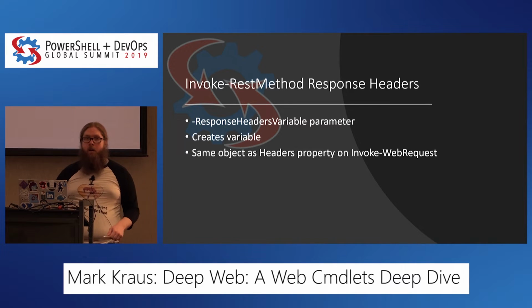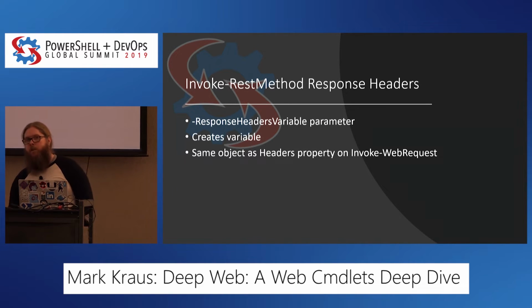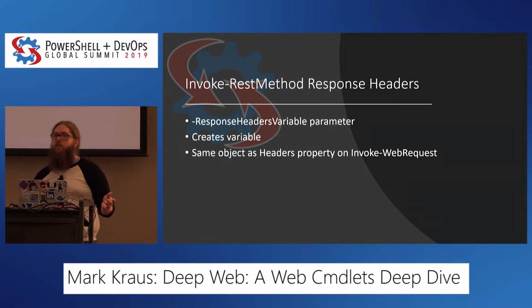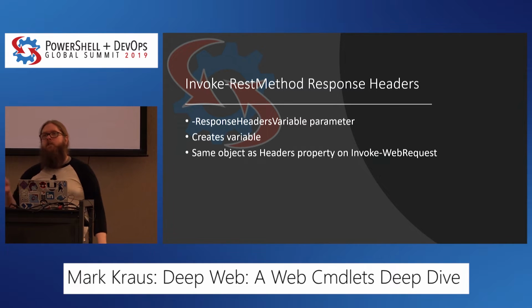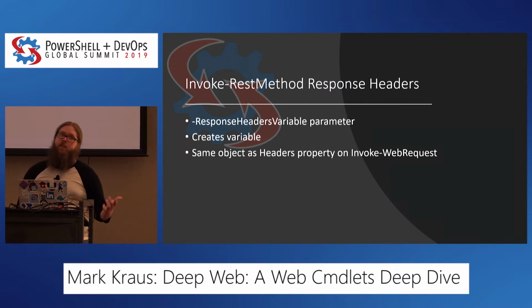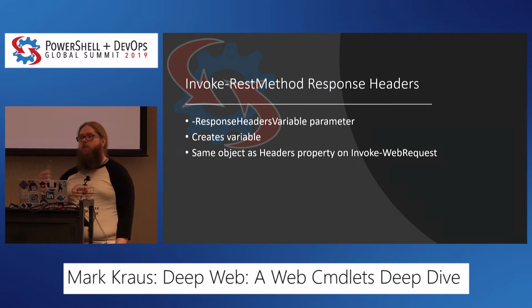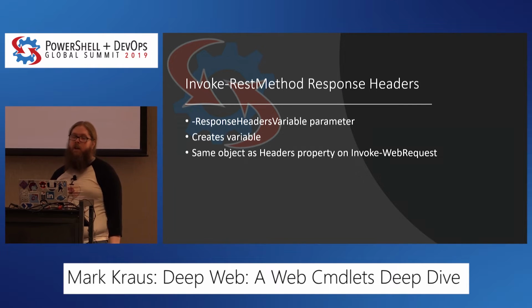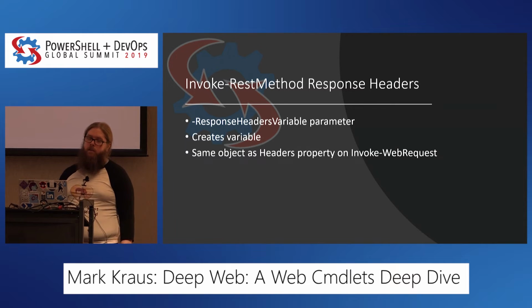Have I exceeded my API call limits? Lots of headers are really important that you need to get. But Invoke REST method in 5.1 did not support the ability to get those. So what you'd have to do is go back to using Invoke web request, make your call, parse the body yourself, and look at the headers. That's kind of painful. So now it's possible to actually get the headers and the response parsed by Invoke REST method a lot simpler.